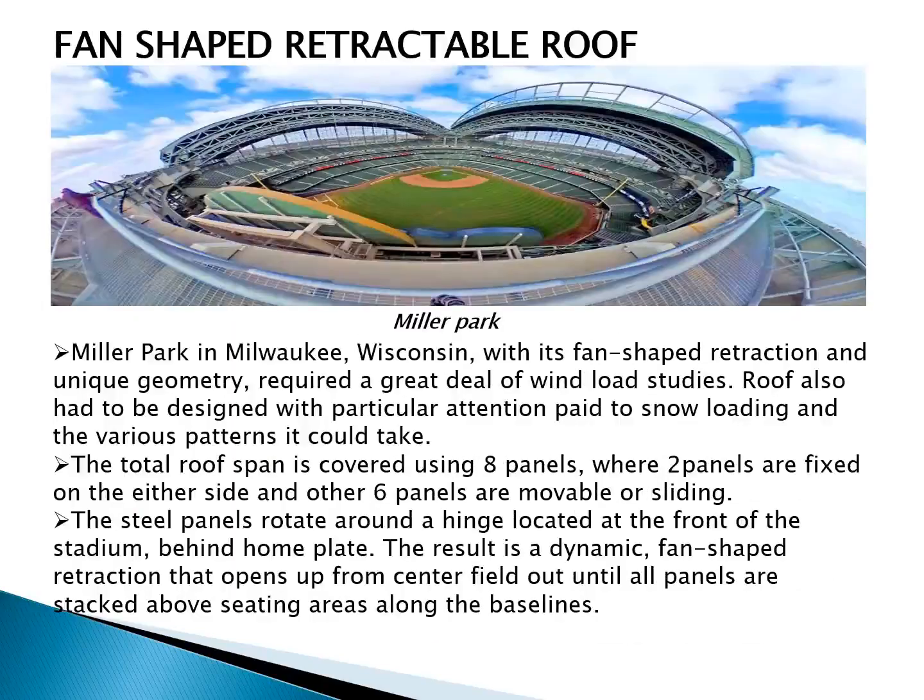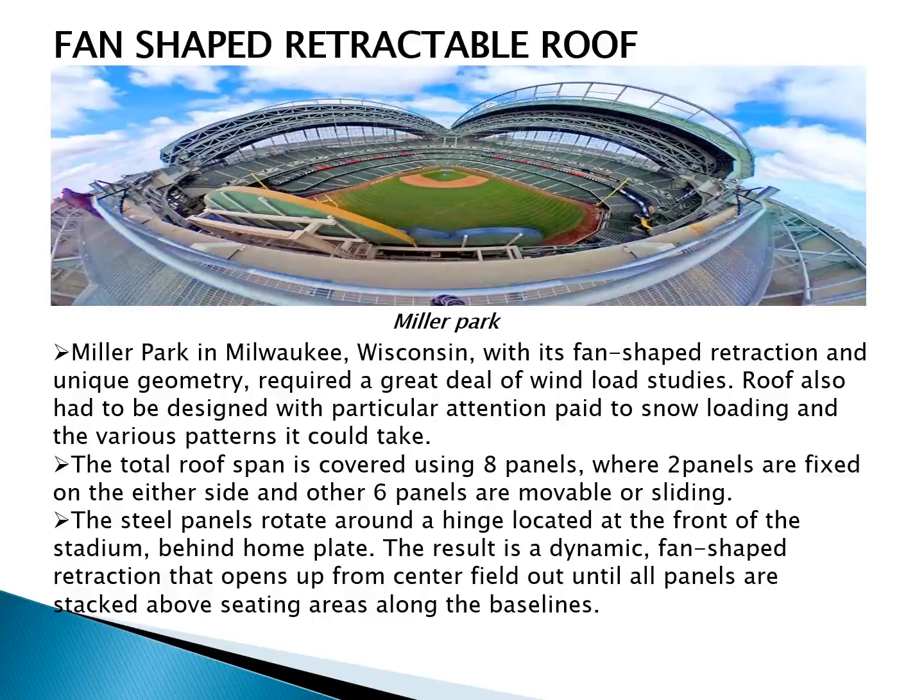The third type is fan-shaped retractable roofs. Miller Park in Milwaukee, Wisconsin, with its fan-shaped retraction and unique geometry, requires a great deal of wind load studies. The roof also had to be designed with particular attention paid to the snow loading and the various patterns it could take.